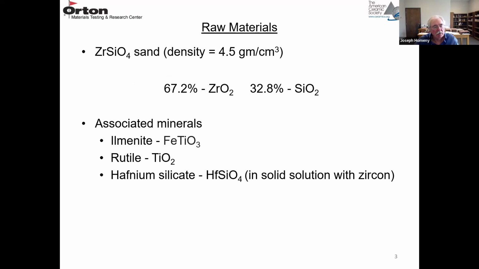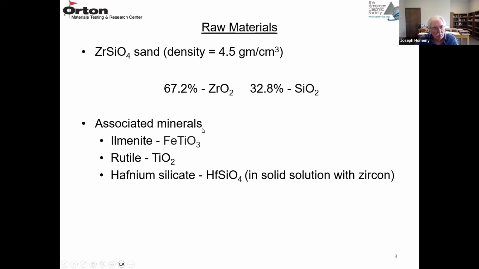So the raw material is zircon sand, ZrSiO4. It has a density of 4.5 grams per cubic centimeter, and it's about 67% zirconia and about 33% silica.